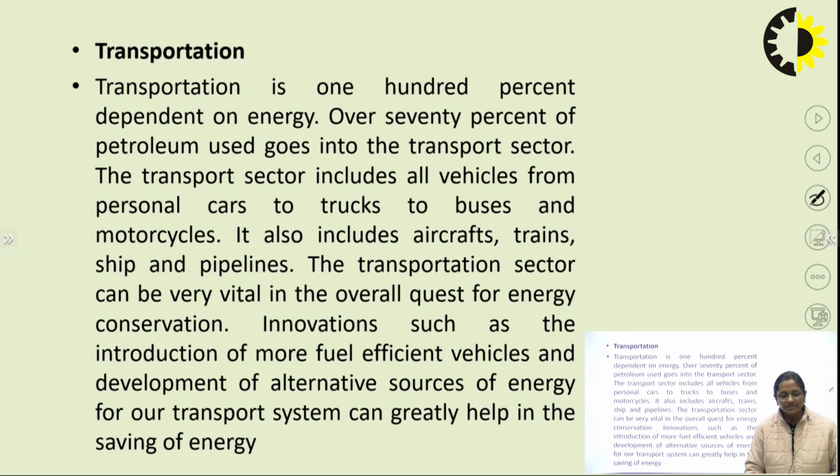Transportation. Transportation is 100% dependent upon energy. About 70% of petroleum used goes into the transport sector. The transport sector includes all vehicles, from our personal cars to trucks, buses, motorcycles, etc. It also includes aircraft, trains, ships, pipelines, etc. The transportation sector can be very vital in the overall quest for energy conservation.